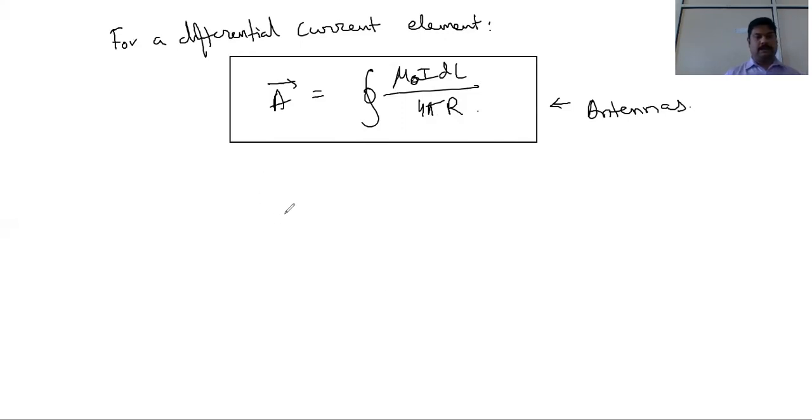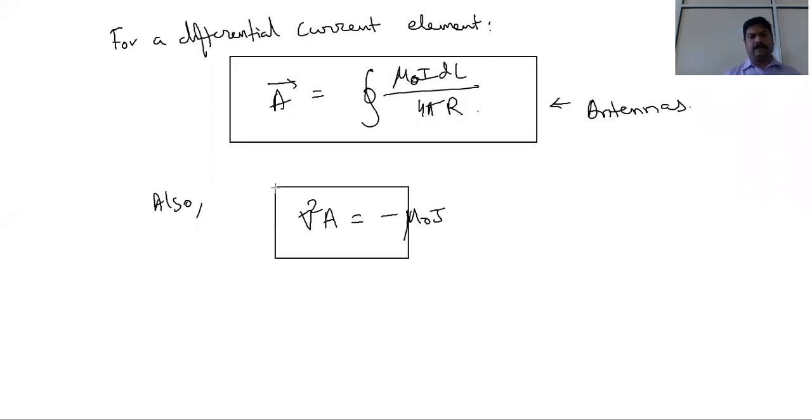One more equivalent derivation we have here, which we are not going to do: we apply the Laplacian to A, and you get minus mu naught into J. Why do we want this equation to be important?